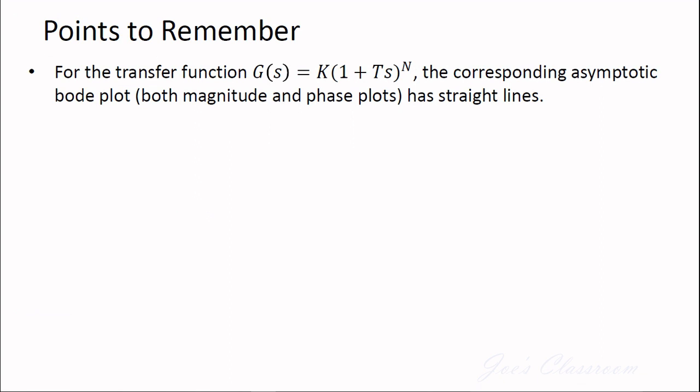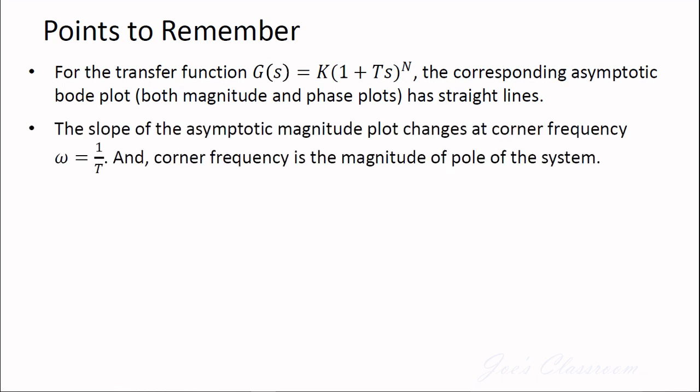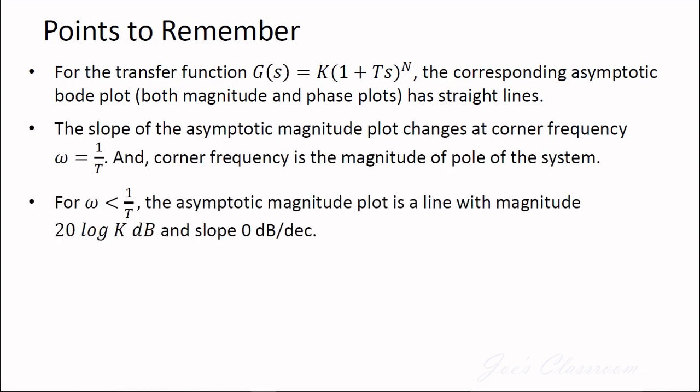So the point to remember here is the transfer function, if it is in the form of K into (1 plus Ts) the whole power n, it represents a zero, non-zero at some non-origin value, and therefore the asymptotic Bode plot, both magnitude and phase plot, are straight lines before the corner frequency and after the corner frequency.